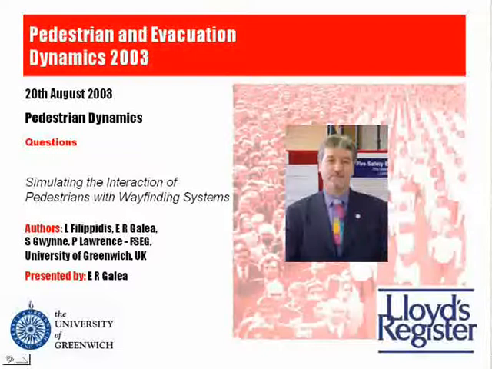The clutter, other signage, will create shadows, and you won't be able to see it from certain areas. So all we're doing at the moment is calculating where it is physically possible to see the sign from, including the clutter. The experimental work we're going to be doing with the video recording and so on is designed to determine the probability of take-up, actually detecting the sign and reacting to it.